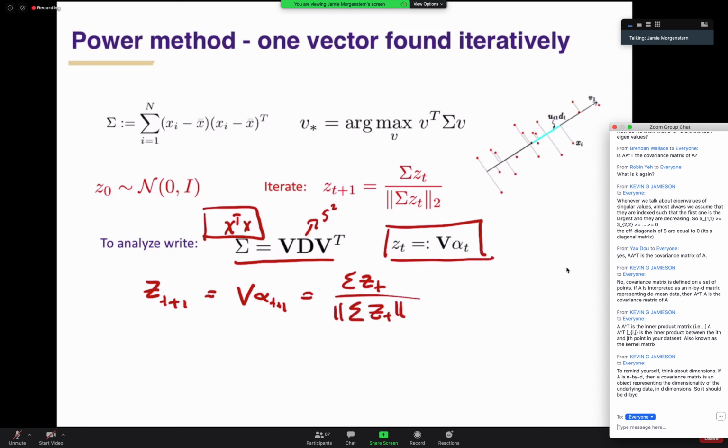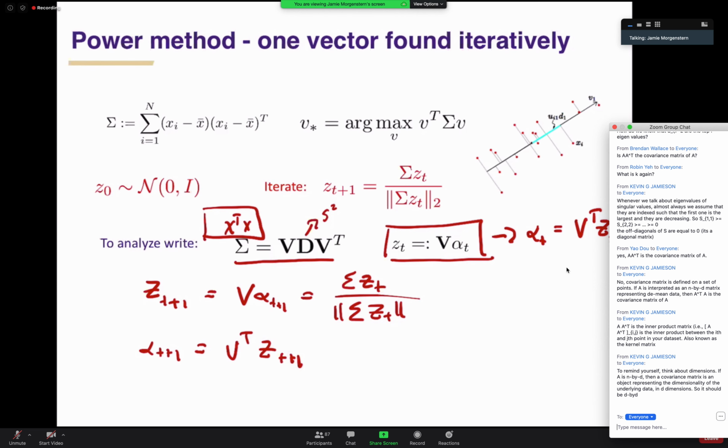Okay, so what do these things mean? We can also write alpha_t as equal to V transpose Z_t, just multiplying by V transpose on both sides. And if we look at alpha_{t+1}, that's equal to V transpose Z_{t+1}.